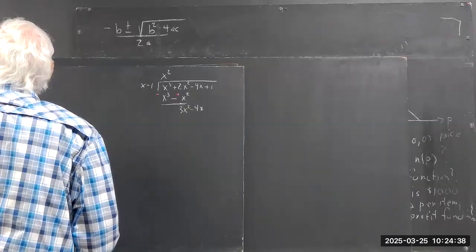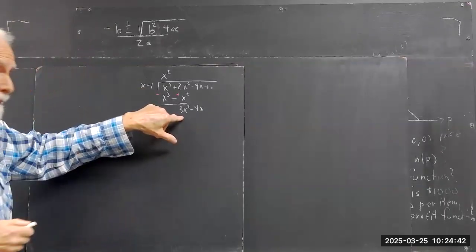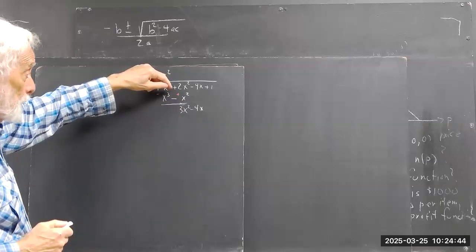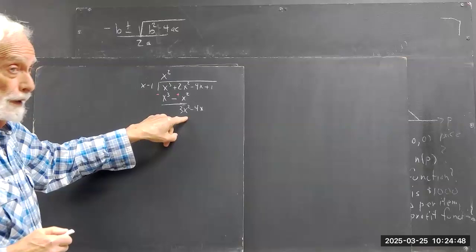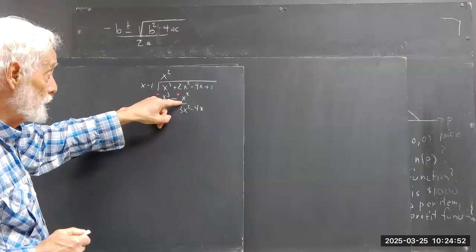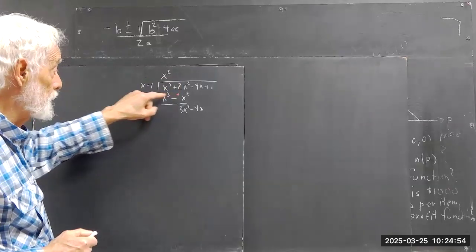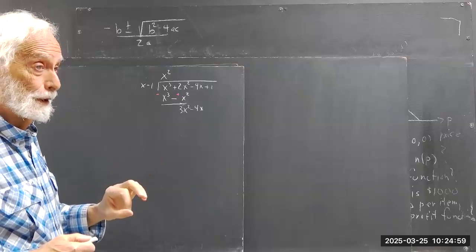Well, then we divide x into 3x squared. Now, if you didn't remember that this is supposed to be subtracted from this, you'd have put an x squared down here. But remember that this always has to be subtracted. That's why I put these little reminders in red.